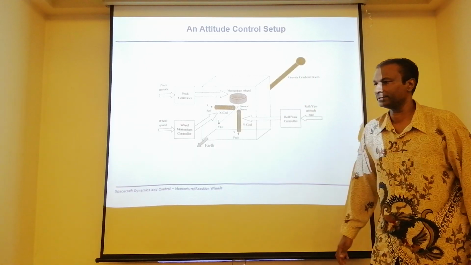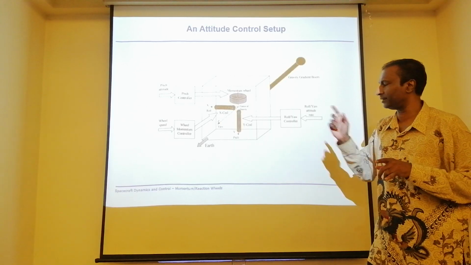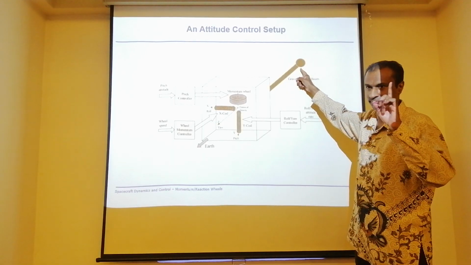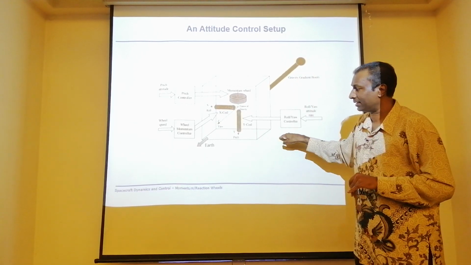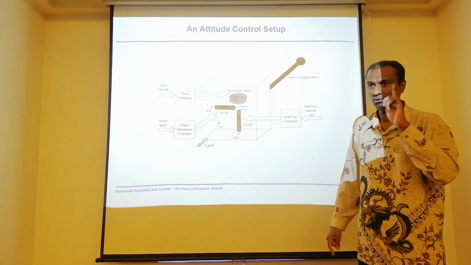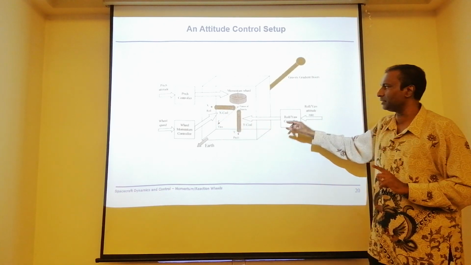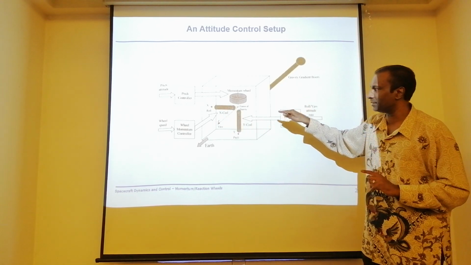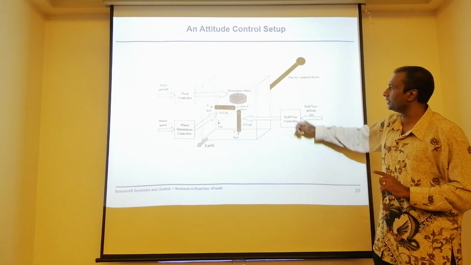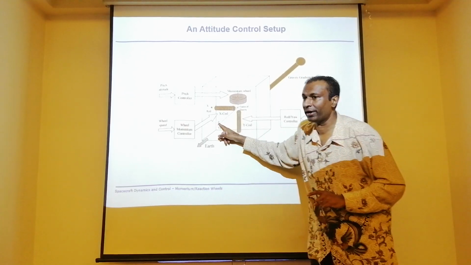Now I have combined all those actuators that you have learned here. Gravity gradient boom. More important in this whole diagram is to observe the axes that I have picked to install each device. Look at my boom, your axis.